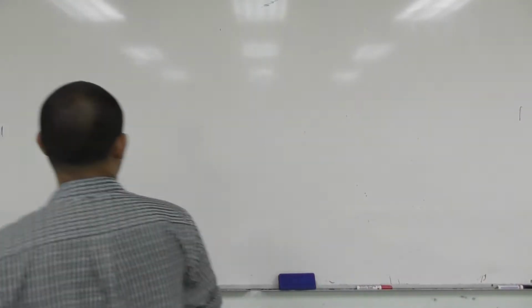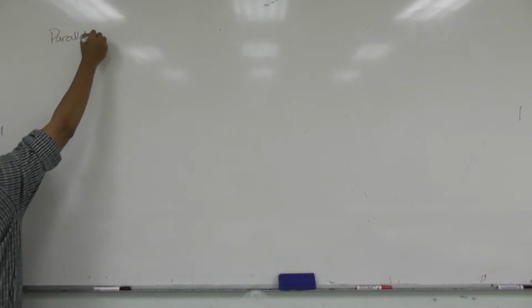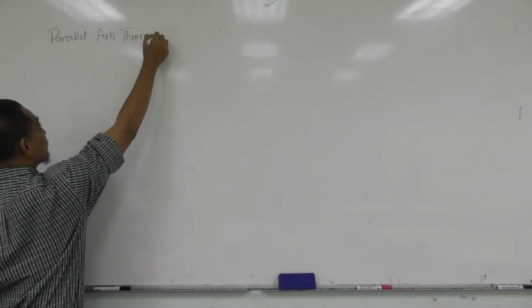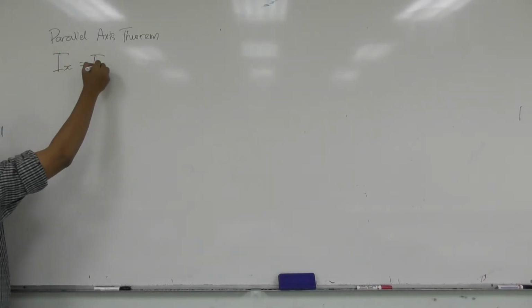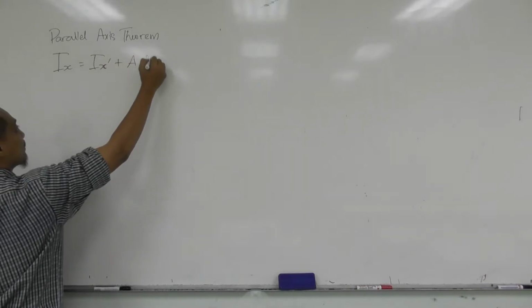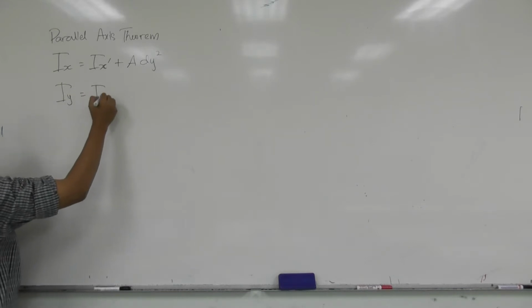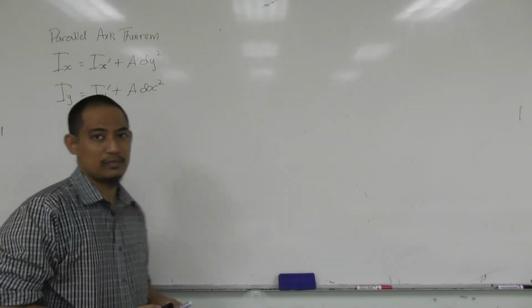So the parallel axis theorem is simply the equation Ix equals Ix prime plus A dy squared, and Iy equals Iy prime plus A dx squared.